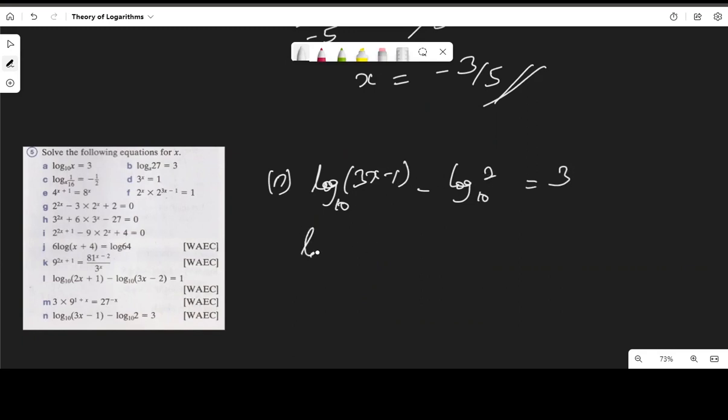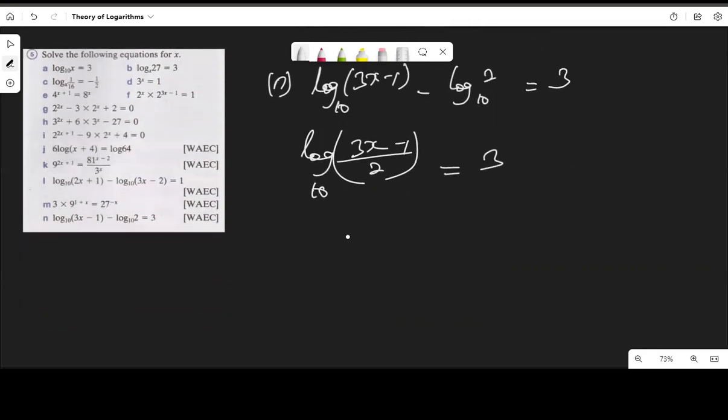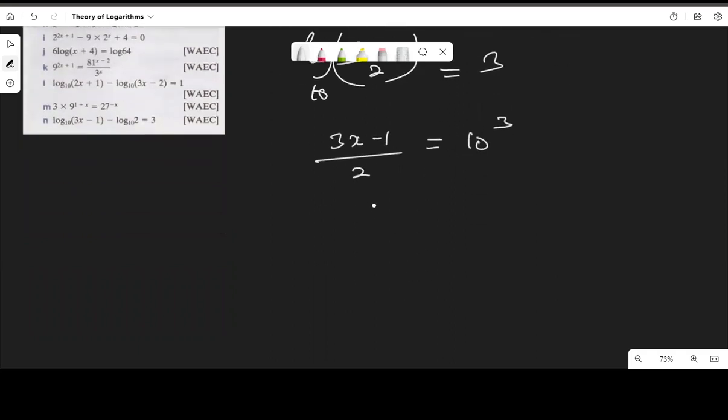So I'll have log 3x minus 1 over 2 to base 10 equal to 3, which when I convert this to index form, I will have 3x minus 1 over 2 equal to 10 to the power of 3. And that will give me 3x minus 1 over 2 equal to 10 to the power of 3, which is 1,000.